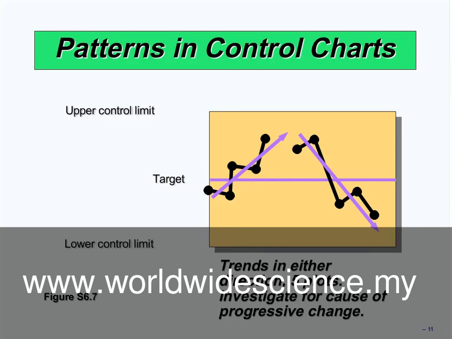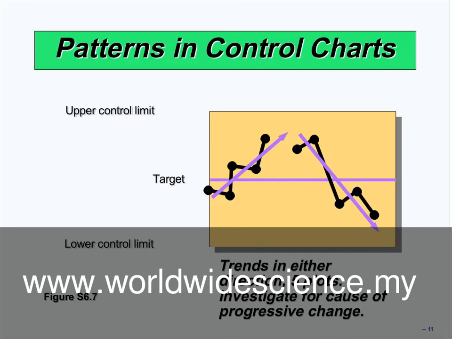In the very near future, you should be sure that one of the spots will be out of the diagram, because the points are going up, and the next point or the next two points may fall out of the control, out of the allowed limitation.